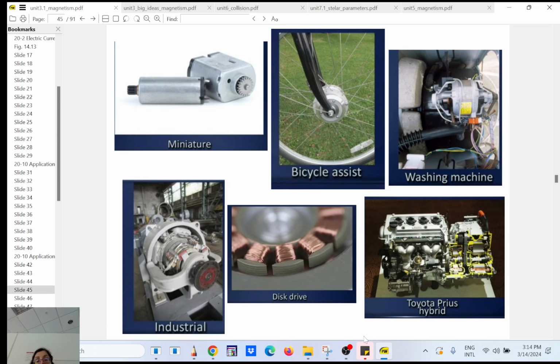So you have electric motors everywhere, even in the computer. The Prius has them. It could be industrial. And each time you're going to have a coil, like a solenoid, a current loop.